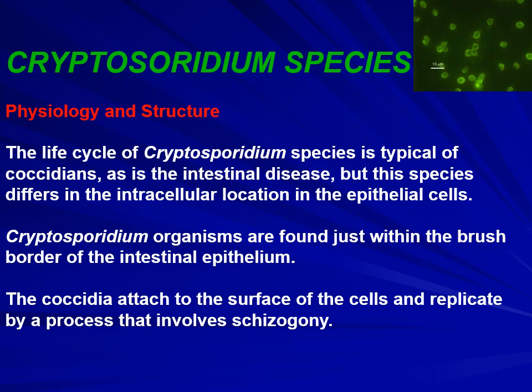It's worth noting that both sexual and asexual stages of the life cycle of Cryptosporidium occur in the same host, which is the human. Upon infection, these parasites attach to the surface of the intestinal cell, and they replicate by an asexual process that involves schizogony.